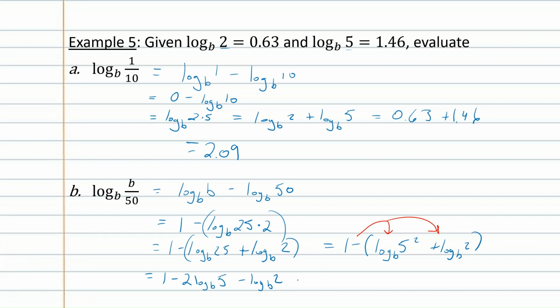Okay, now I can just do a substitution. I can do 1 minus 2 times 1.46 minus 0.63. I just have to type that in my calculator.